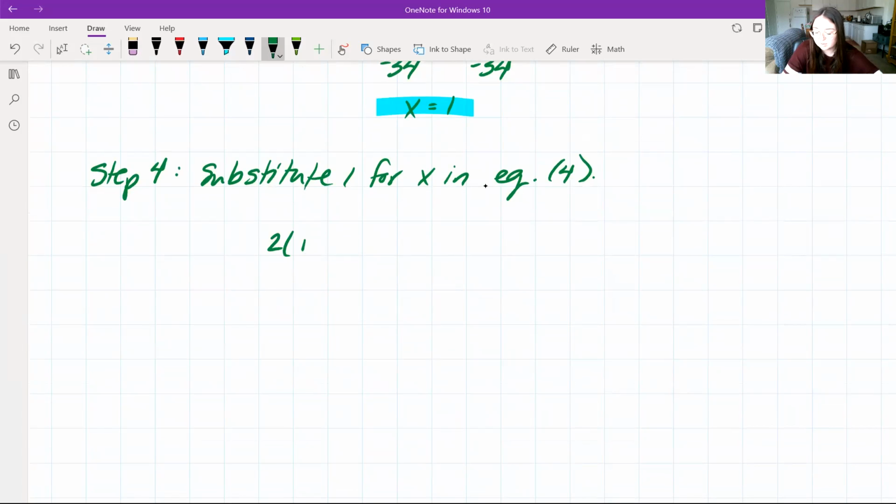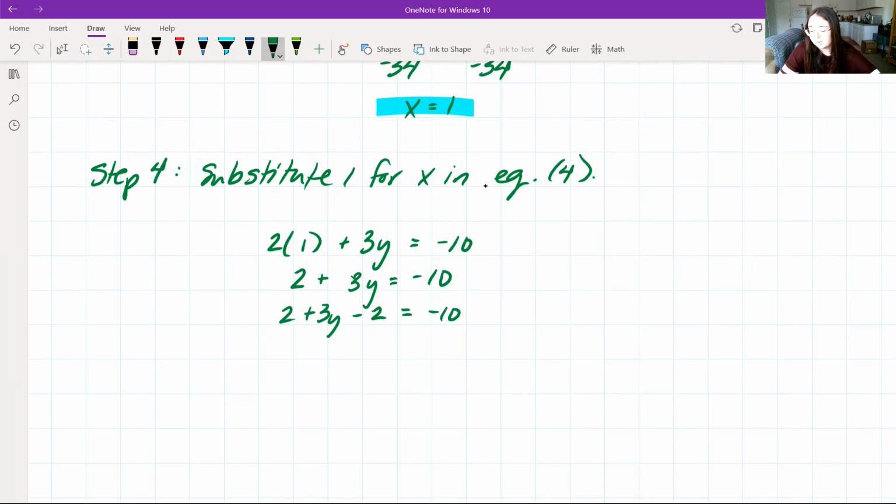So we have 2x, so 2 times 1 plus 3y is equal to negative 10. So simplifying, we get 2 plus 3y is equal to negative 10, where we now want to subtract 2 from both sides to isolate our 3y. So we get negative 10 minus 2, which gives us 3y is equal to negative 12, which we can then divide each side by 3. And we get that y is equal to negative 4.